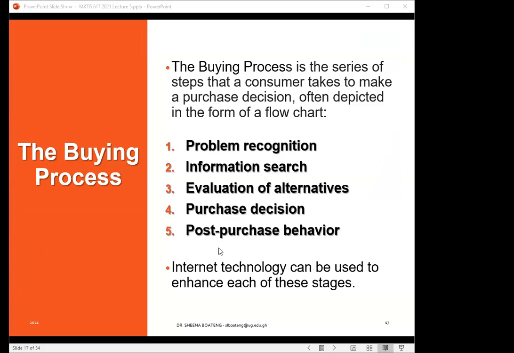That starts from problem recognition, where the customer recognizes that they have a problem or a need that they have to satisfy. And then they go in search of information to be able to see whatever products or services are available for them to use in satisfying these needs. Then after the information search, the alternatives that they come up with that can help them satisfy their need, they begin to evaluate. So they evaluate them using a number of criteria, right?